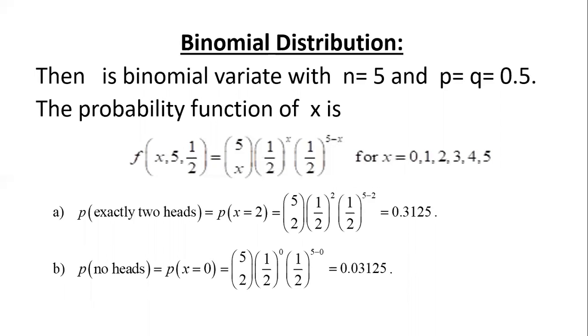Now binomial variate, that is the number of trials n equal to 5, the probability of success p equal to 0.5 and the probability of failure q equal to 0.5.